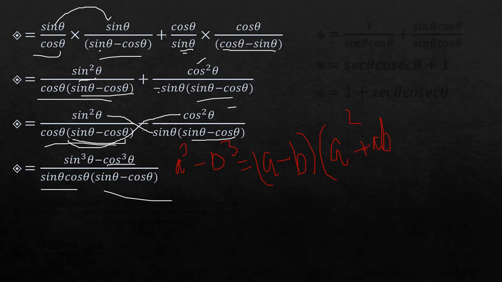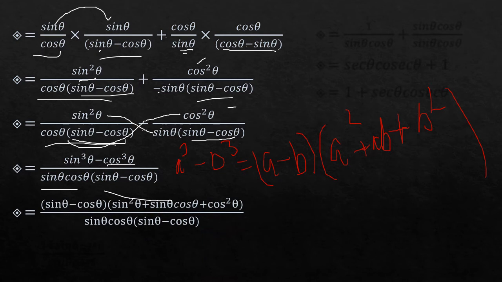Okay students, if you remember the formula, you have to use it. So using this formula, what do we get? We get sin theta minus cos theta, that is a minus b, into sin square theta plus ab, that is sin theta cos theta, plus b square, that is cos square theta, upon sin theta cos theta into sin theta minus cos theta.